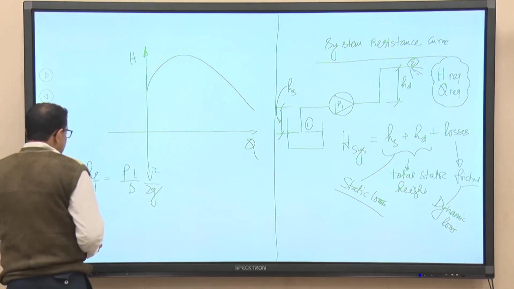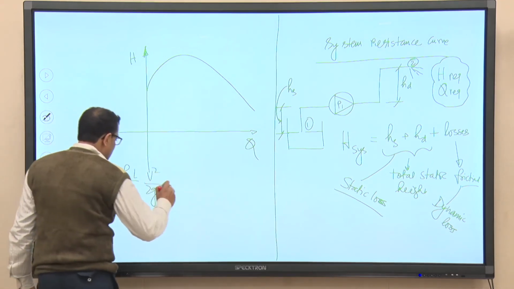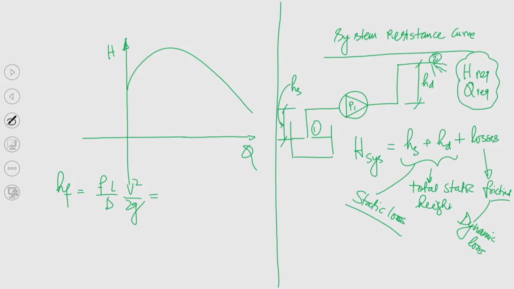Now, you can see that if we write this quantity F L by d and 2g, these two are constant. So, basically this is nothing but k into q square, where k is constant. Since q is equal to area into velocity, if I club all these constants together in one place, I write it as k.